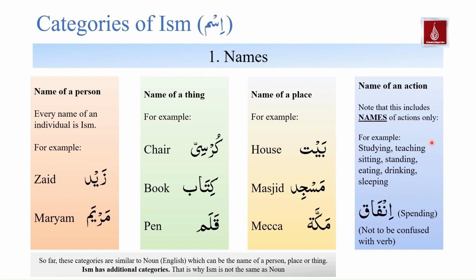These are just names of actions only and should not be confused with the verb, which inshallah we will study in the later sections. To summarize, the category of names for ism can be the name of a person, name of a thing, name of a place, or name of an action.